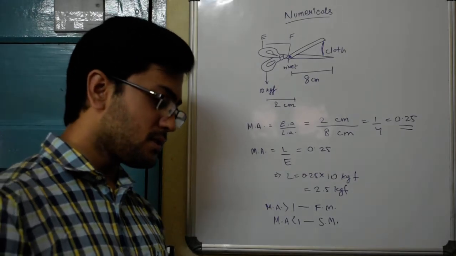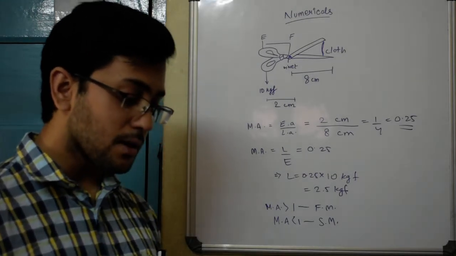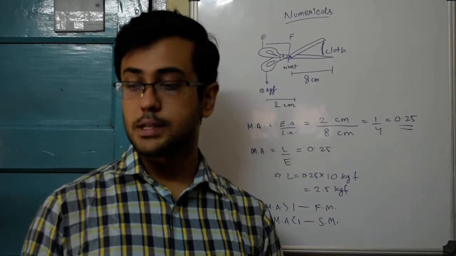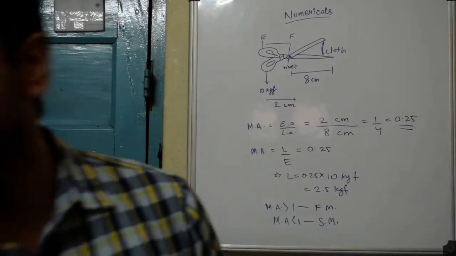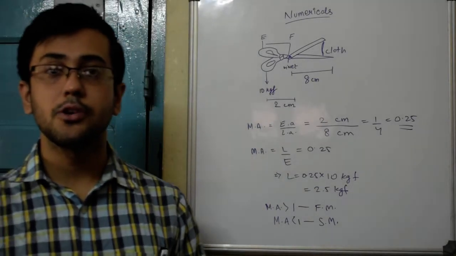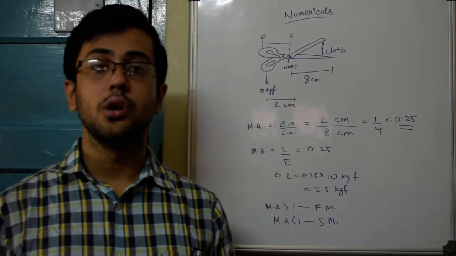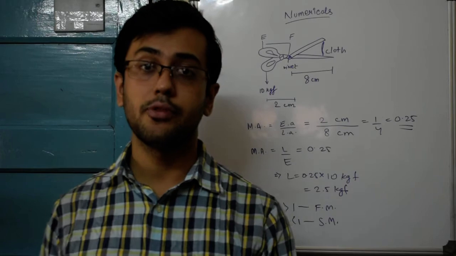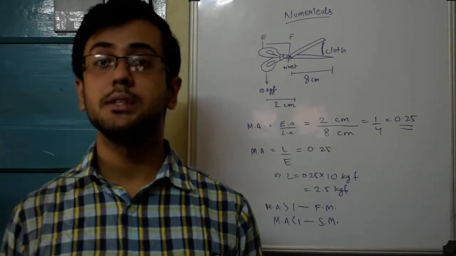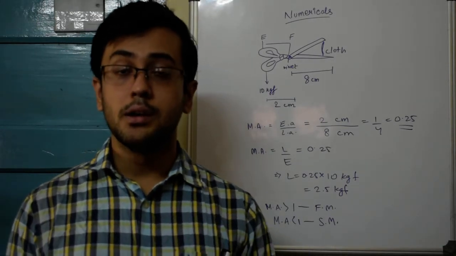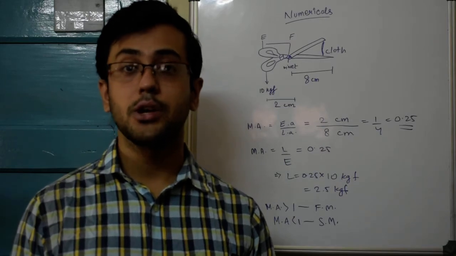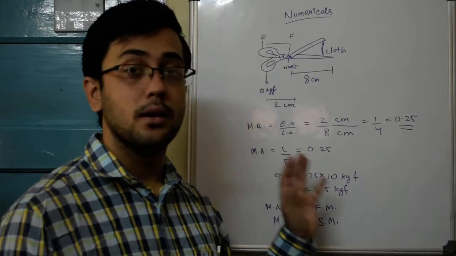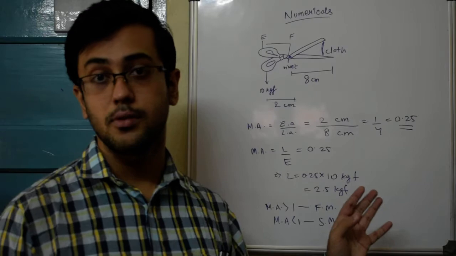The other problems are more or less of the same kind. The basic thing you need to keep in mind when solving this kind of problems is to always identify which one is the load, which is the effort, and what the load arm and effort arm are. Reading the question and understanding the mechanical aspects from its wording is important.